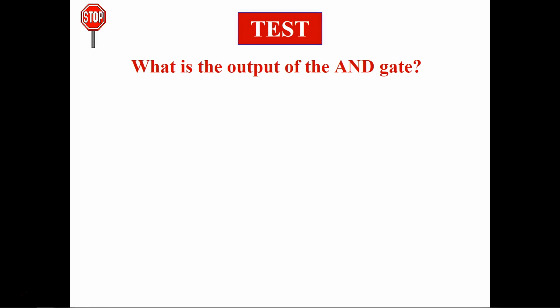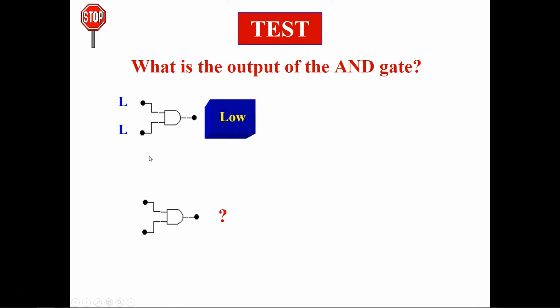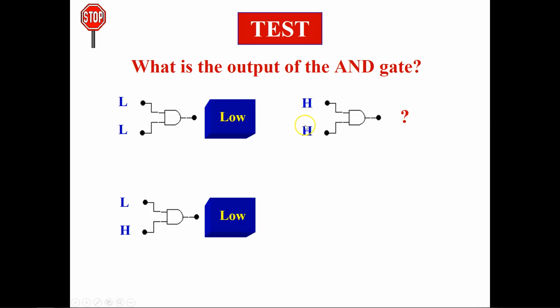Now let's see next. We have a short test here. It says, what is the output of the AND gate? So when you have low low, then output is going to be low. When you have low and high, low is your 0, high is your 1, then the multiplication of 0 and 1 is again 0. So 0 is your low. If both the inputs are high, which means 1 1, then the multiplication of 1 1 is 1.